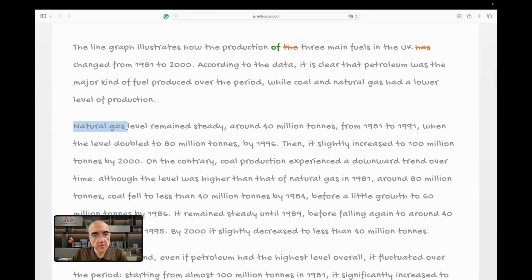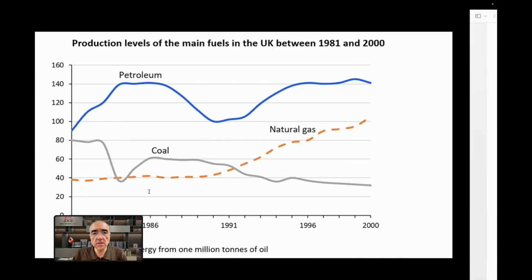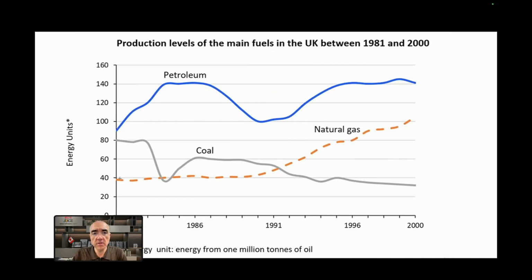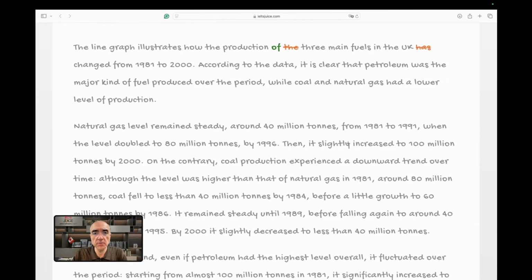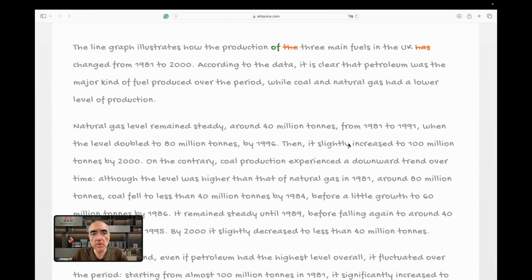Natural gas level remains steady, around 40 million tons. Why? Why are we all of a sudden talking about natural gas? We were supposed to talk about petroleum.